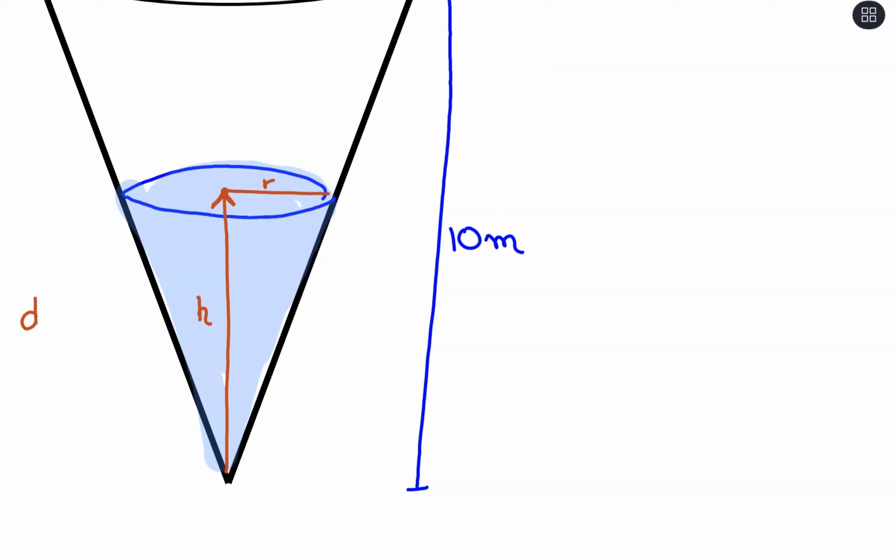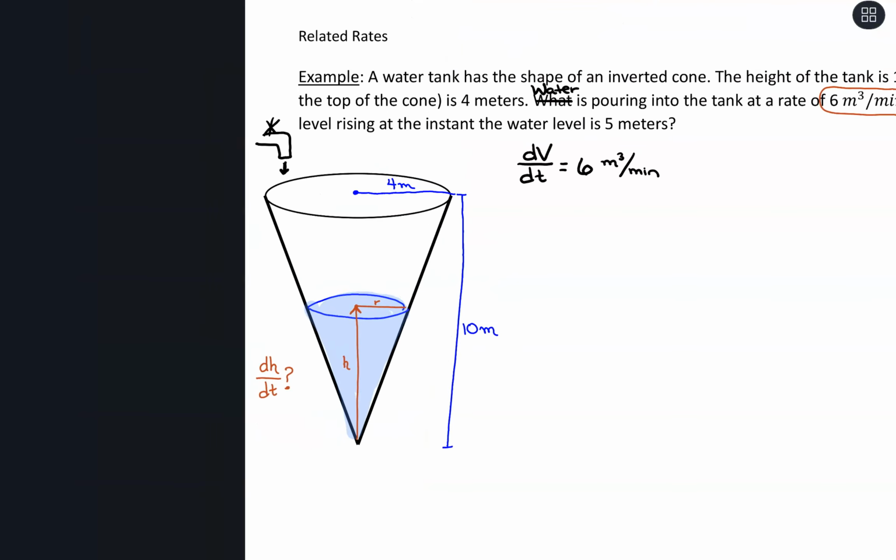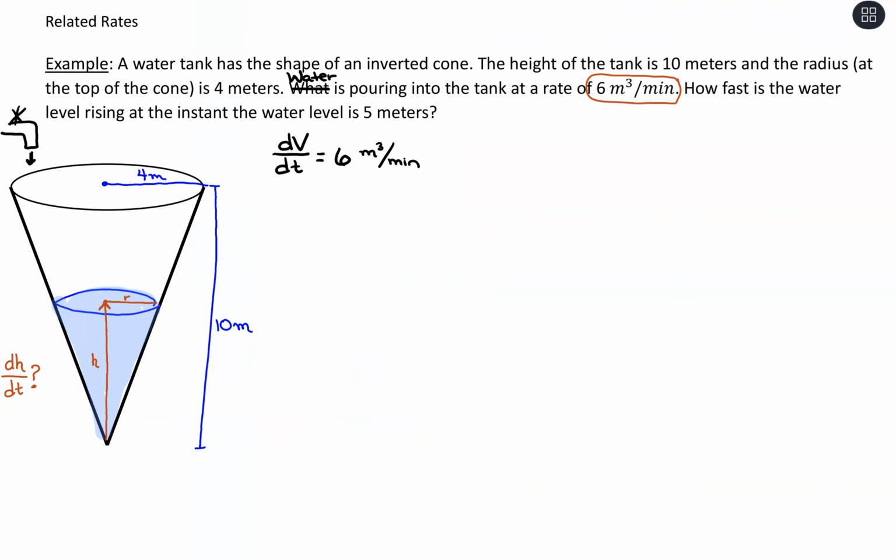And what we want to know is, how is that height changing in relation to time? That's what we want to find. And they want to find this when the water level is 5 meters. So that's our moment in time that we want to save for later. So having that height of 5 meters is going to come through later on.